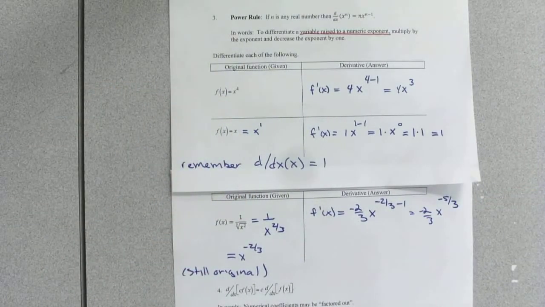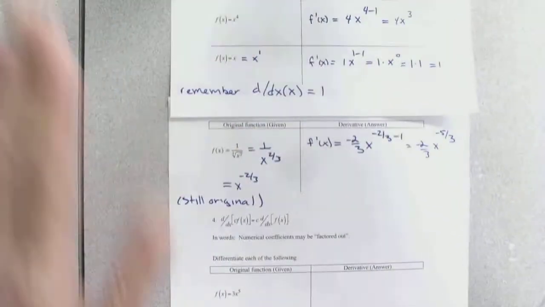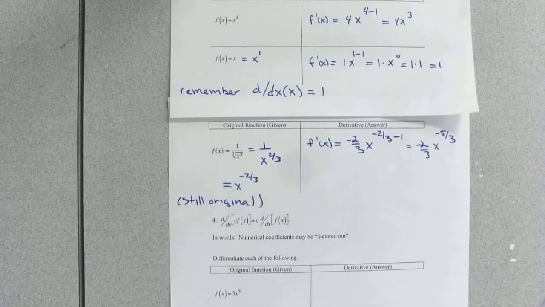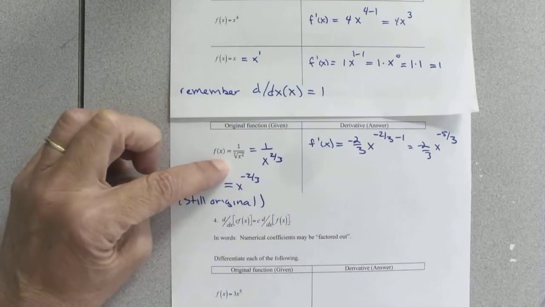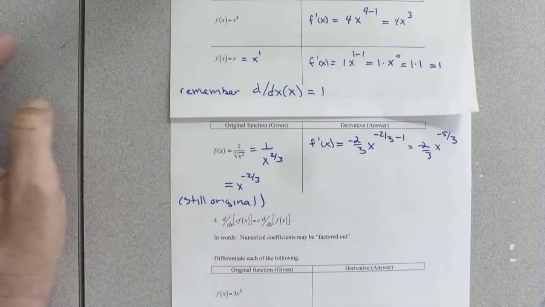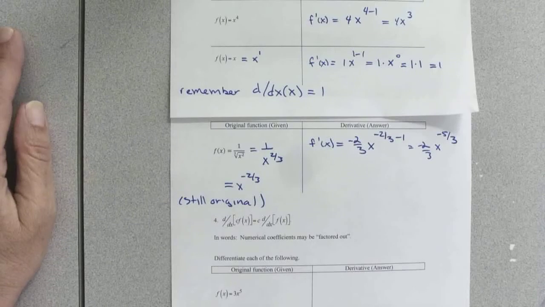Now what answers should look like, and this is just standard, is that we want our answers to be as close in format as possible to the original problem. The original problem was in radical format. So the standard accepted practice is to return the answer, in this case, to radical format.